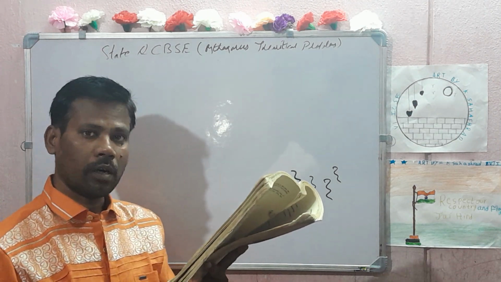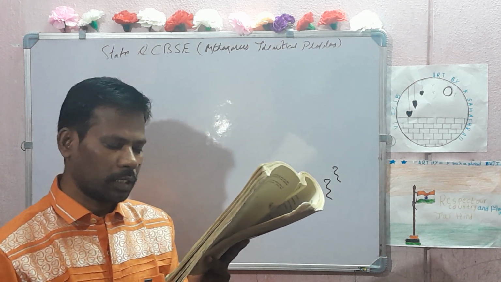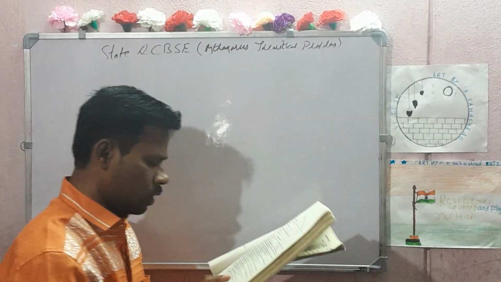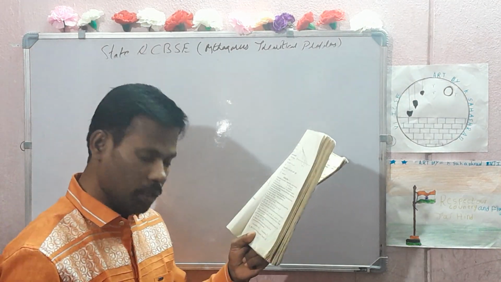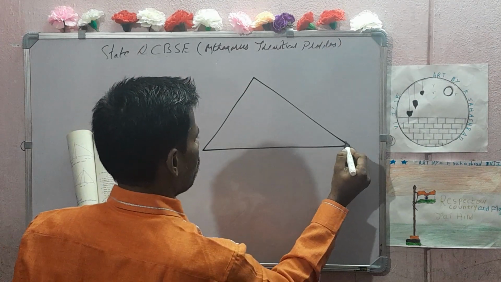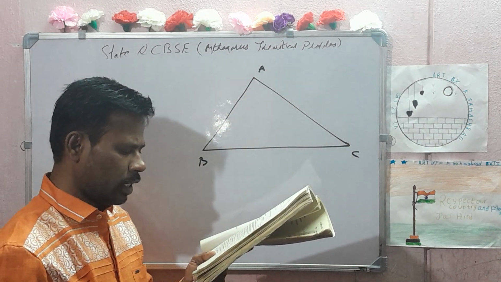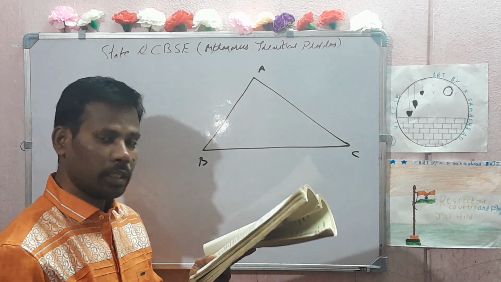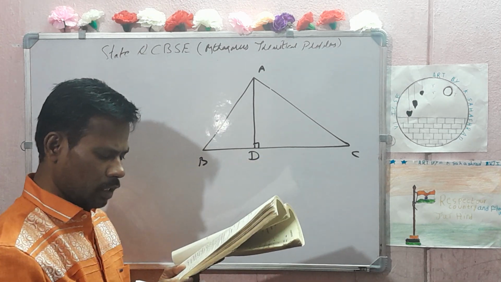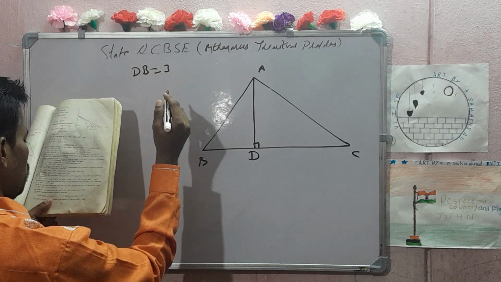The perpendicular AD on the base BC of triangle ABC intersect at D, so that DB is equal to 3 times CD.